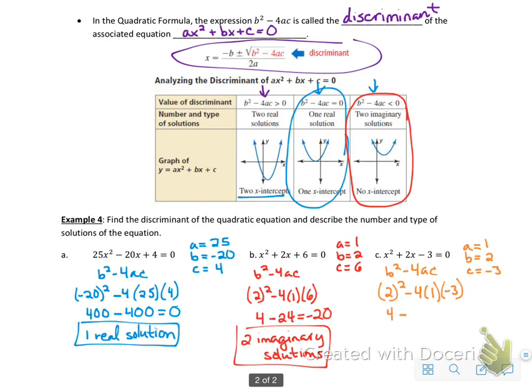Negative 4 times 1 times negative 3 is positive 12. And 12 plus 4 is 16. Well, 16 is greater than 0. It's not equal to 0, and it's not less than 0. So we're looking at this first type of answer, which means that we have two real solutions. So the answer is two real solutions.